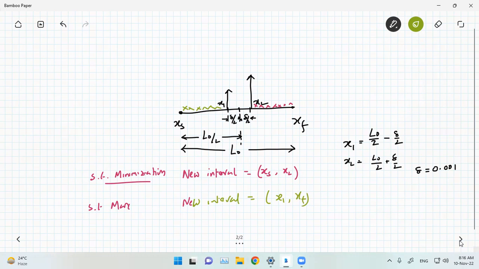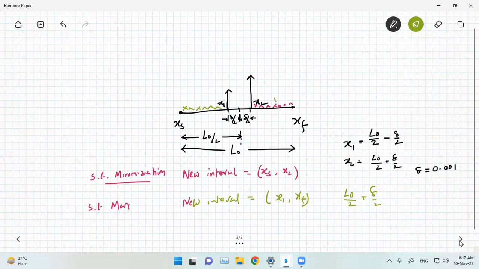Now, in the first iteration, the value of the interval of uncertainty after the first iteration is going to be L0 by 2 plus del by 2. So how are we finding this?